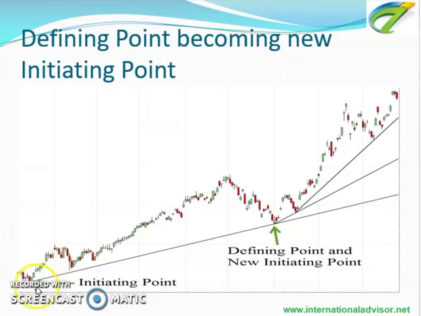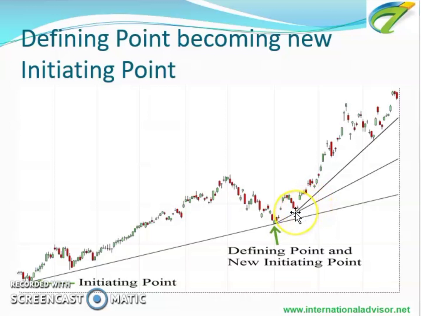Likewise, you can see this is the original trend line, initiating point, defining point, but on a broader scale, we have to further cut it down. So now this point, which was the defining point, will become the new initiating point, and from there we redraw the line like this. Similarly, you see for this line, this is the initiating point and this is the defining point.